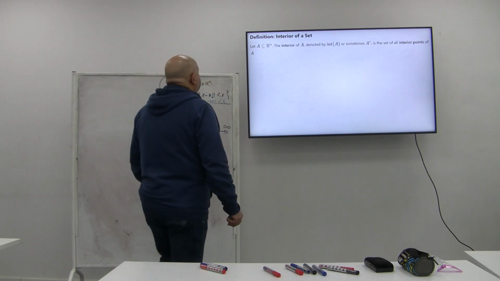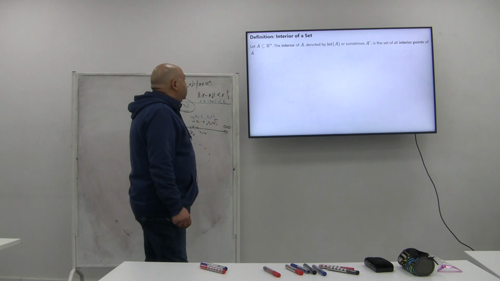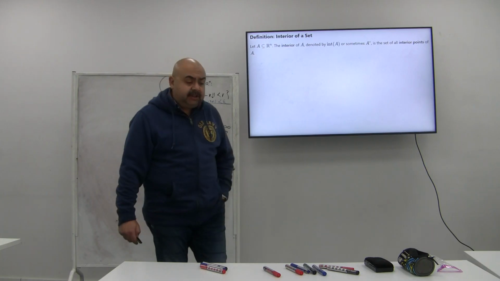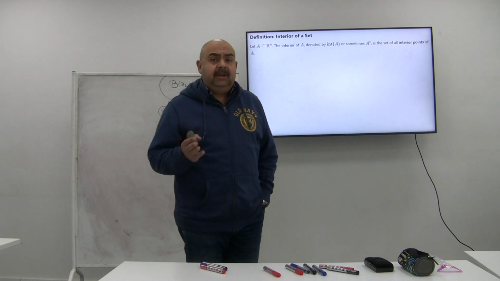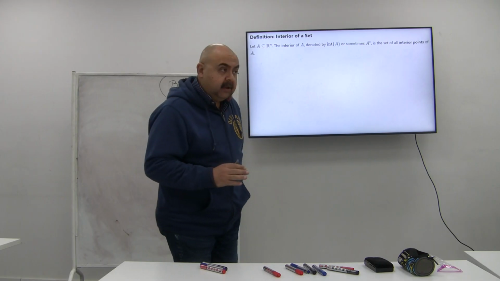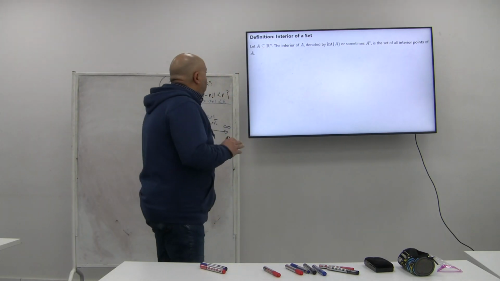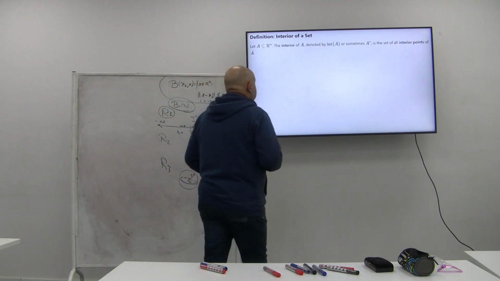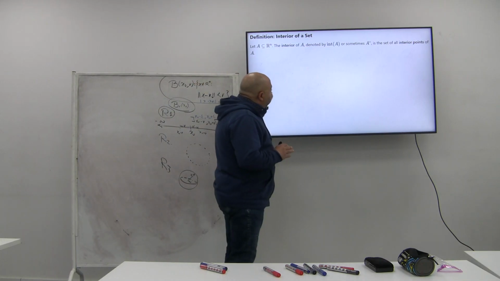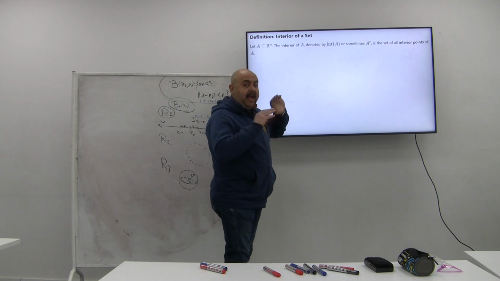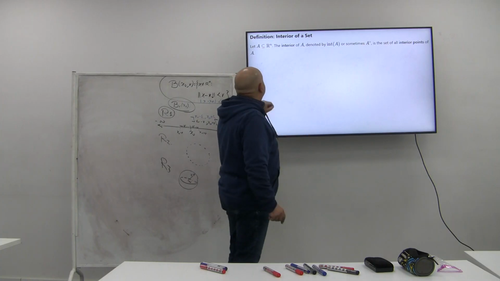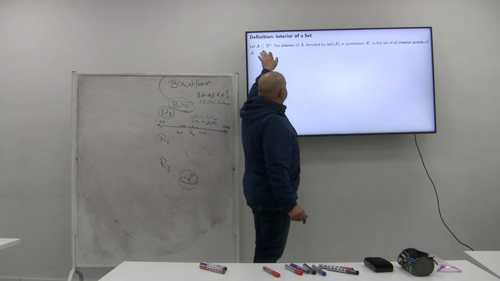And this will drive us to the second definition, which is the interior of a set. What do we mean by the interior of a set? The interior of a set means all the points with open balls that fit inside this set. So it's written that A belongs to Rn.